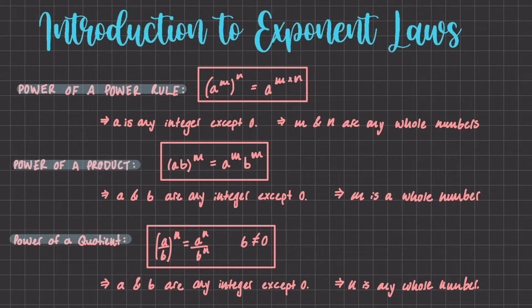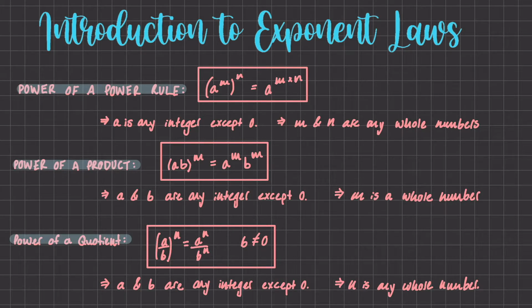And again, you can think of it as dispersing the exponent to the different parts of that equation. And then here we have a raised to the exponent n divided by b raised to the exponent n. A major difference here is that b cannot be equal to 0. So if you have any number over 0, then it's just not feasible. So this is especially important in the power of a quotient rule.